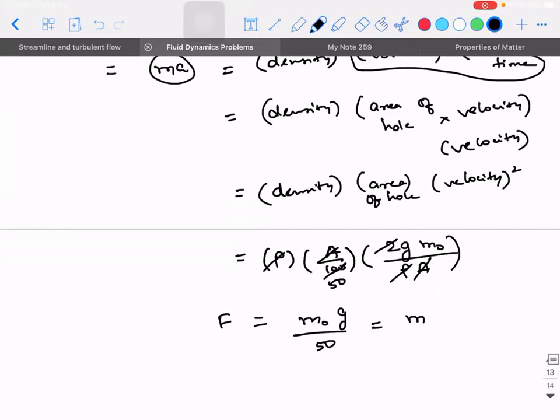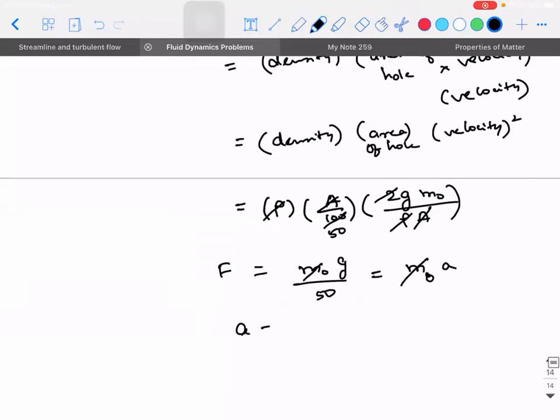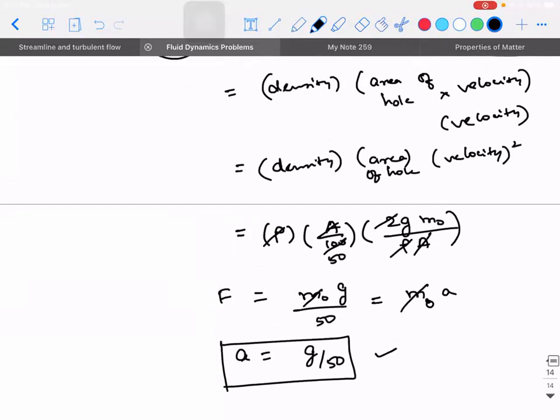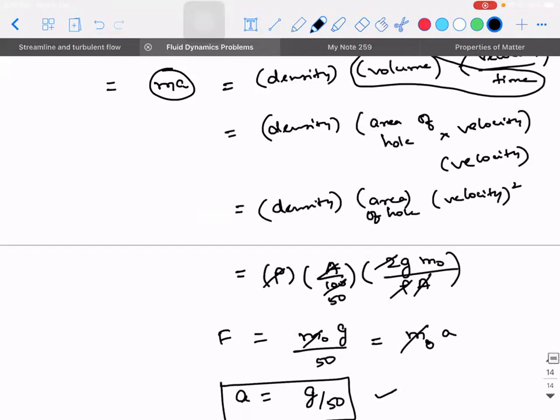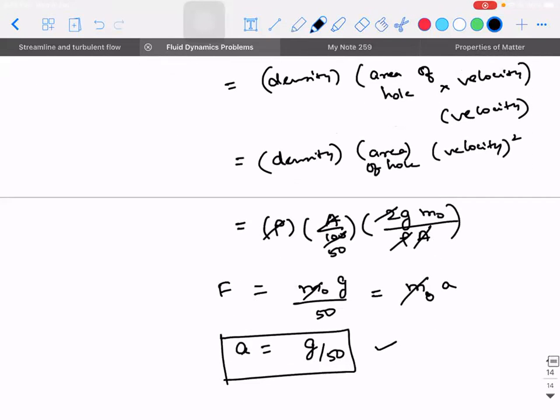If I write this force is equal to m naught into acceleration, m naught gets cancelled. So acceleration is g divided by 50. Please make a note of this point.